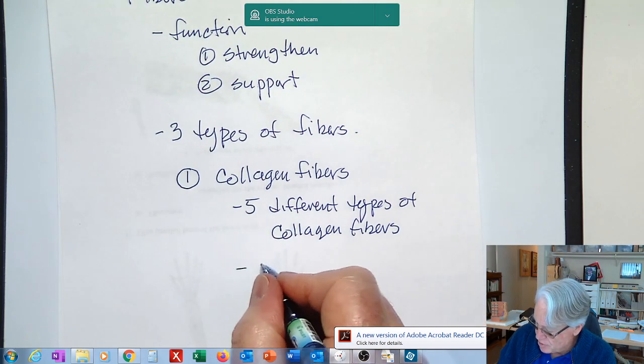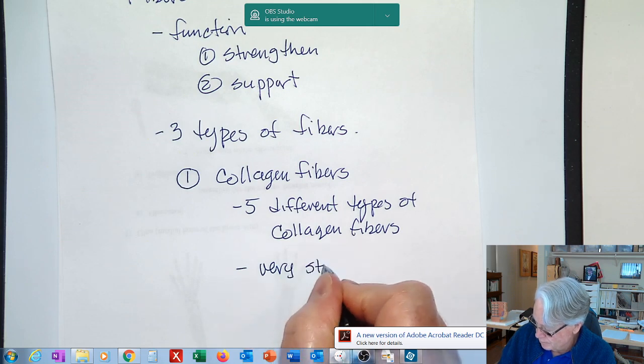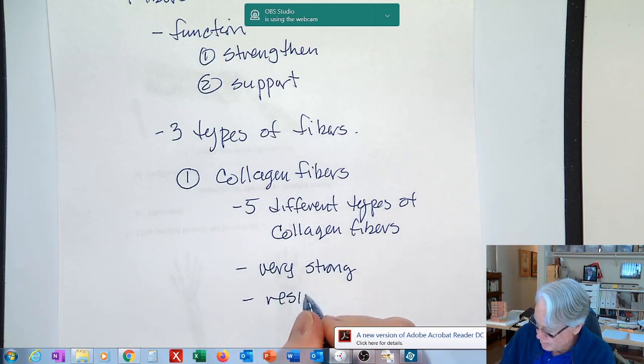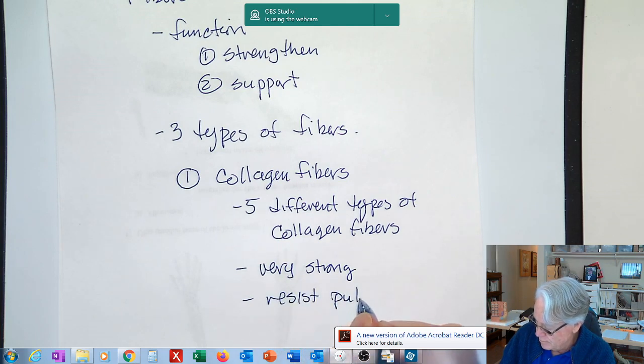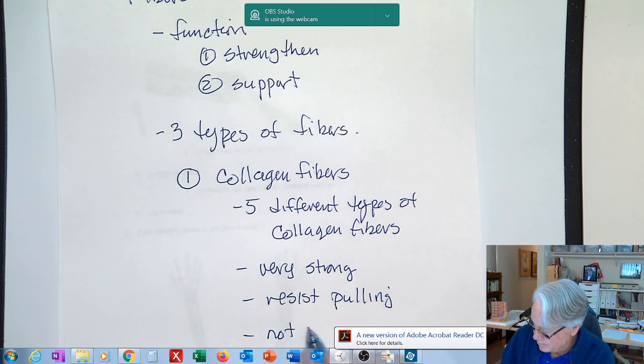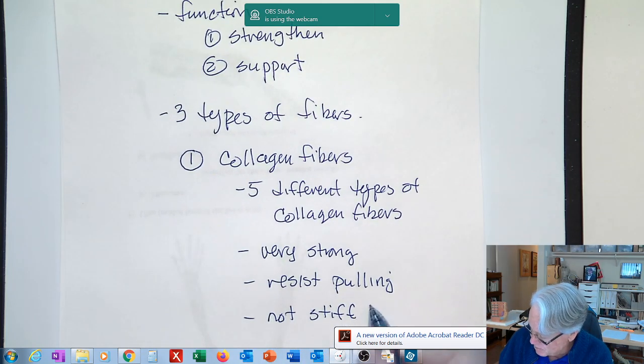They are very strong. They resist pulling. But they are not stiff. Okay? They have flexibility.